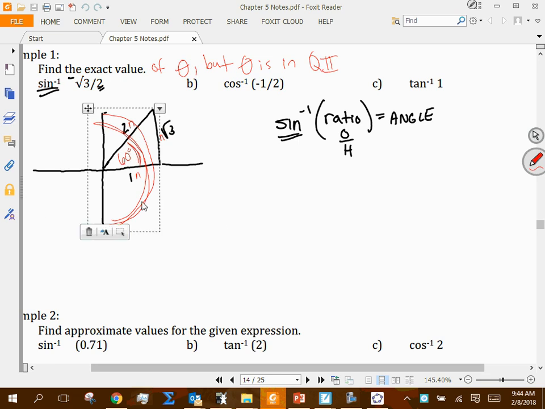Okay. So here's where we have to do a little bit of work. We have to use some of our logic, because we know that if that's a root 3 and it's positive, there's also a root 3 over here that would be positive. My hypotenuse is still positive 2 there, correct? Now my adjacent side here would be a negative 1.